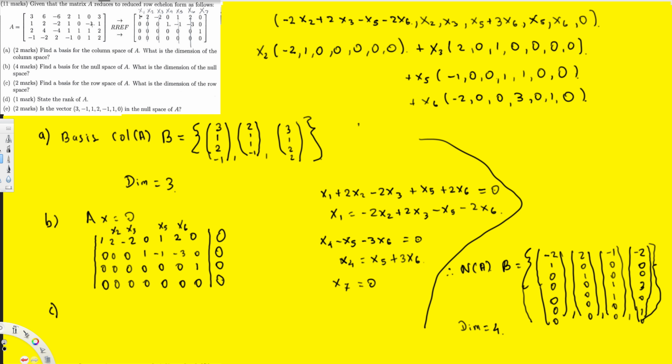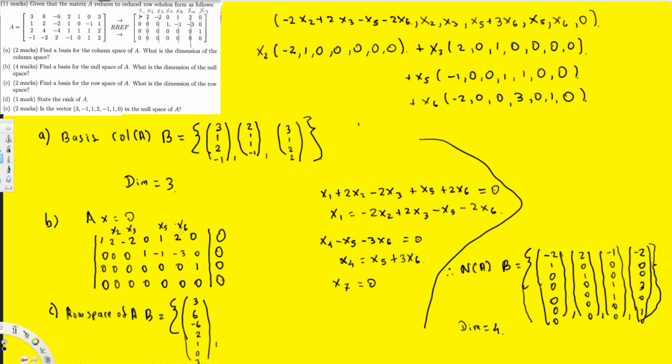So we have to write all these 3 rows as a basis. Therefore, the row space basis of A is equal to, we can write this one as 3, 6, minus 6, 2, 1, 0, 3.